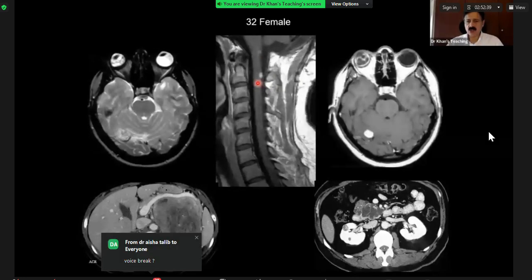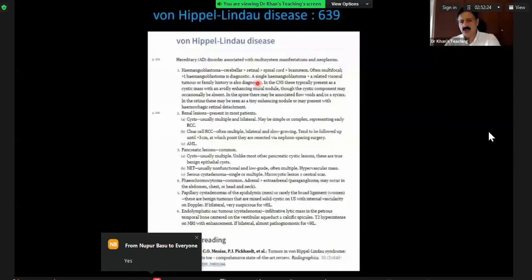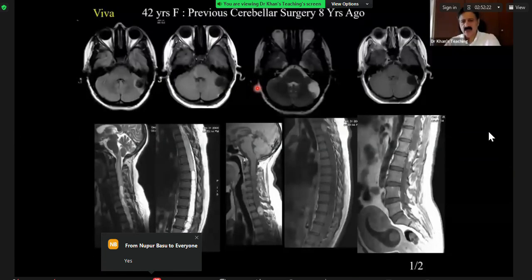Second thing in hemangioblastoma is very important for you to remember. Classically, hemangioblastomas will be cystic lesions with an enhancing nodule. If you go back to the earlier case, which we saw here, there are some cystic components, and with that, there is an enhancing nodule.